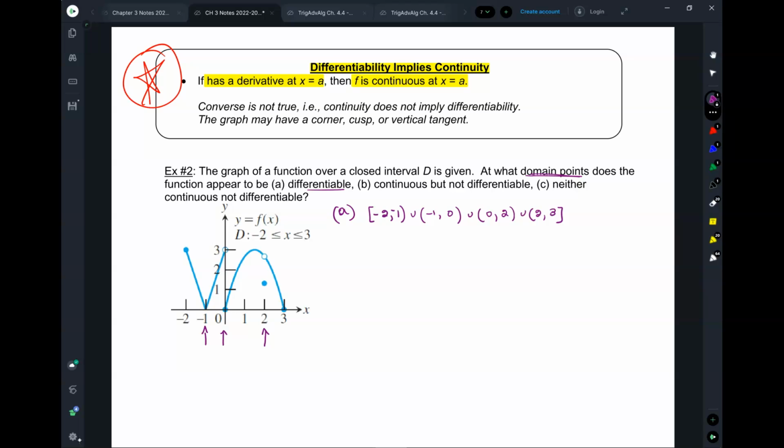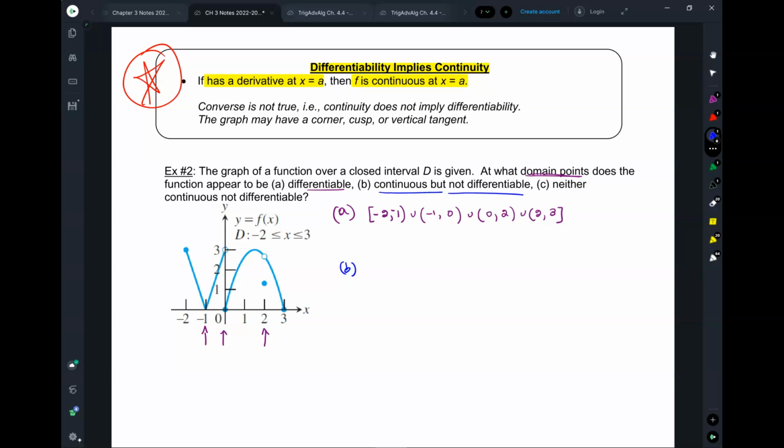Okay, next, B. Where is it continuous but not differentiable? So we already highlighted the points where it was not differentiable. Of the places where it was not differentiable, the only place that it's continuous is here at the corner.